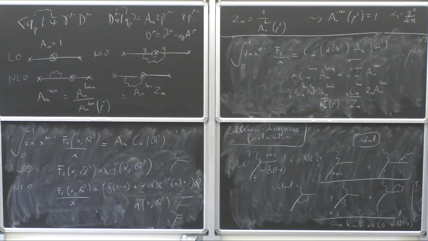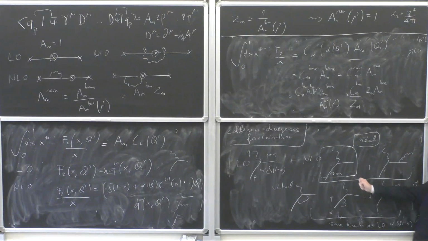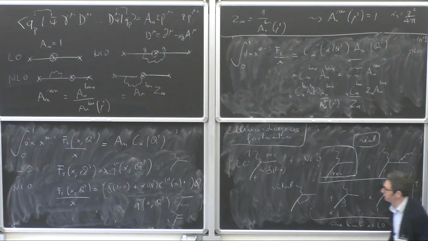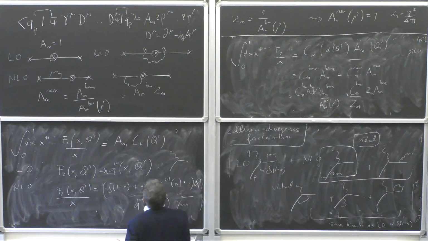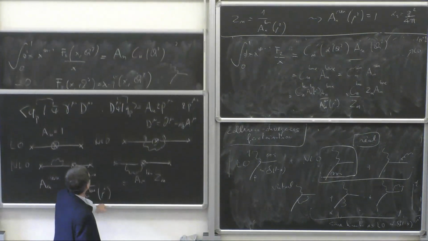And in fact, come to think about it, if we look at these diagrams, we immediately realize that this guy here is a dangerous guy because this guy is actually divergent. So let me show you how.